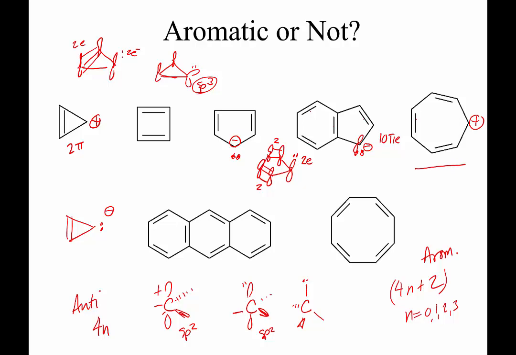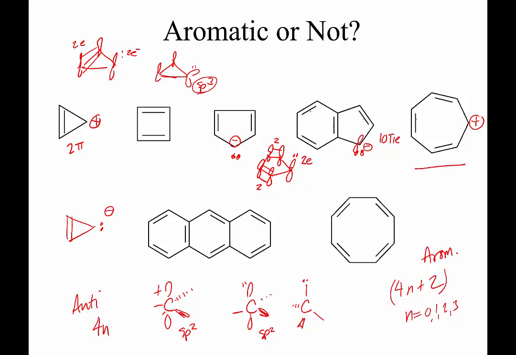So the reason I gave all these alkanes is because I can turn many of them into anions or cations that then will or won't be aromatic. Now, sp2s, just regular carbocations, they have no choice but to be sp2.